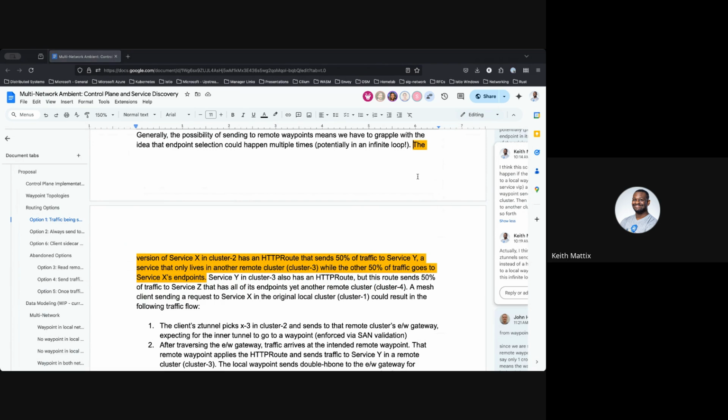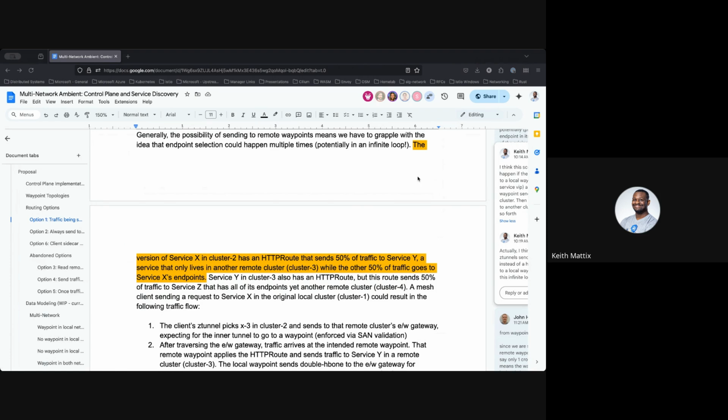The service in the remote cluster has an HTTP route on it that sends 50% of traffic to service Y, which only lives in another remote cluster, cluster 3, and the other 50% stays with service X's endpoints. And service Y in cluster 3 has another HTTP route that sends 50% of traffic to service Z, which has all of its endpoints in yet another cluster, cluster 4.